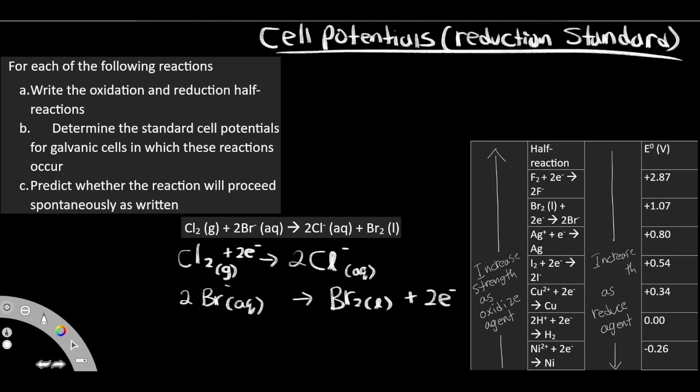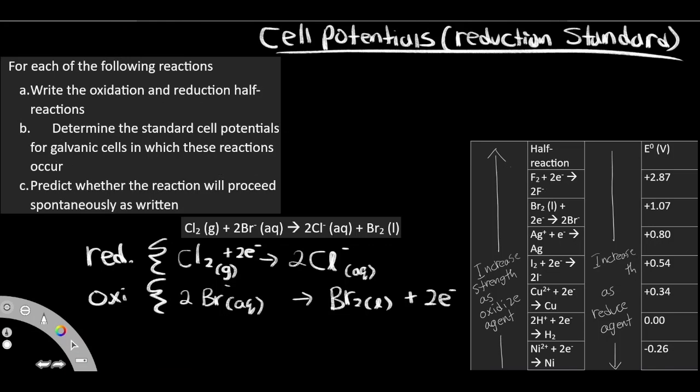This arrow symbol means yield or produced, so it is literally producing electrons. So obviously electrons are being lost here in this case. If they're being lost here, they are being gained over here. So this one over here would be your reduction. This one over here would be your oxidation.